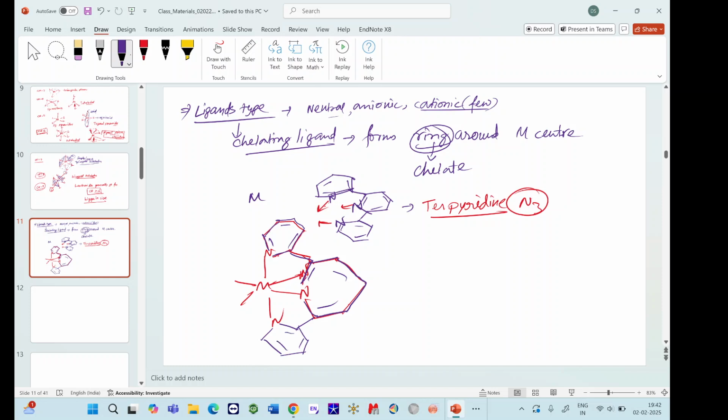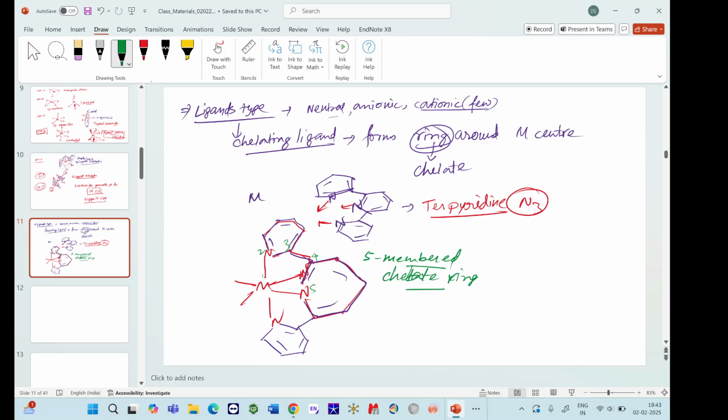So you can see it has formed 1, 2, 3, 4, 5, 6, 7, 8, an 8-membered ring, or not this, just a second. Or you can consider this one: 1, 2, 3, 4, 5-membered rings around the metal center. So this is called a 5-membered chelate ring.